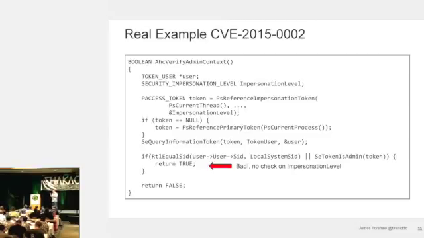And the only thing it was doing was basically querying for the token's user SID and comparing it against local system. So if you have any identification token which claims to be local system, well, you can bypass that check pretty easily. There's also a secondary check in there, which is kind of interesting because of a difference in operating system. But this one only specifically affected Windows 8.1 in terms of actual exploitation, although I believe it was fixed in 7 as well.